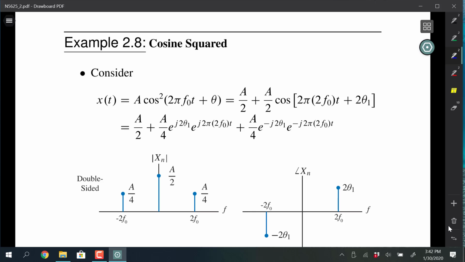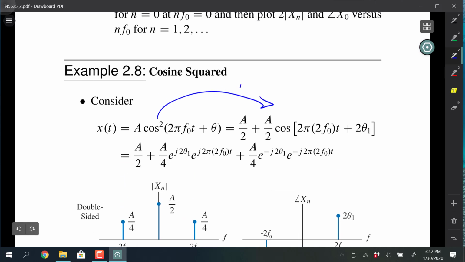This is another example of just finding Fourier coefficients and then plotting the line spectra. So we kind of did this already. It's just, again, by inspection. Use a trig identity this time to expand into a 1/2 plus 1/2 cosine of twice the argument.